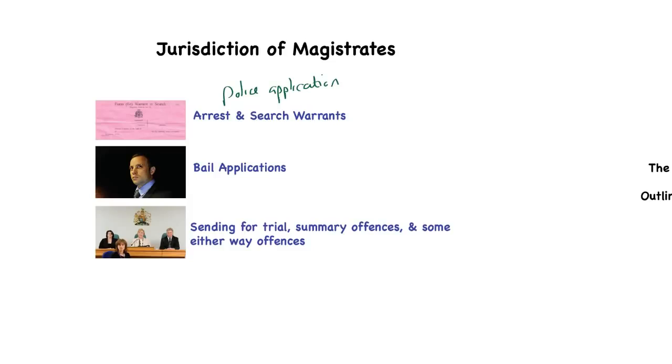And as we see here, Oscar Pistorius, don't get confused, different sort of law in South Africa, and I only used him because he's only recently got bail, but the magistrates will decide whether or not a defendant will be entitled to bail. The third area that they are responsible for is sending for trial hearings.